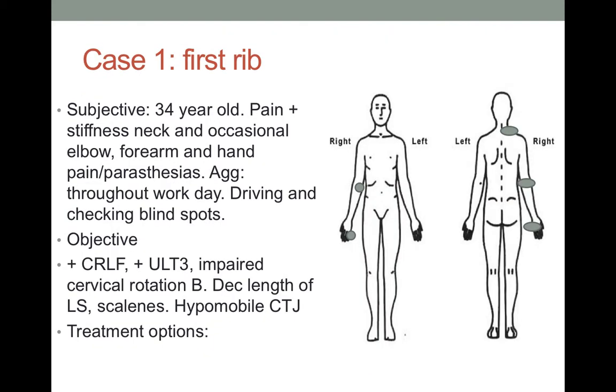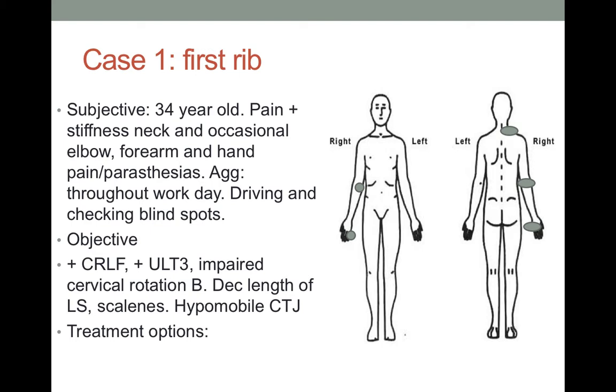I'd like to present a case to you to further your understanding of how a patient with first rib dysfunction may present. Your patient is a 34-year-old female with pain and neck stiffness, occasional elbow and forearm pain, as well as pain in the hand with paresthesias. Aggravating factors include driving and checking blind spots, as well as prolonged sitting.